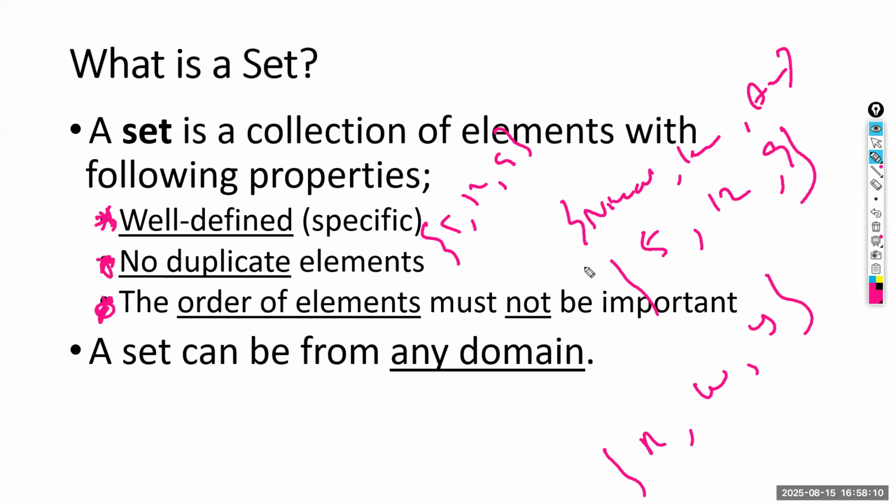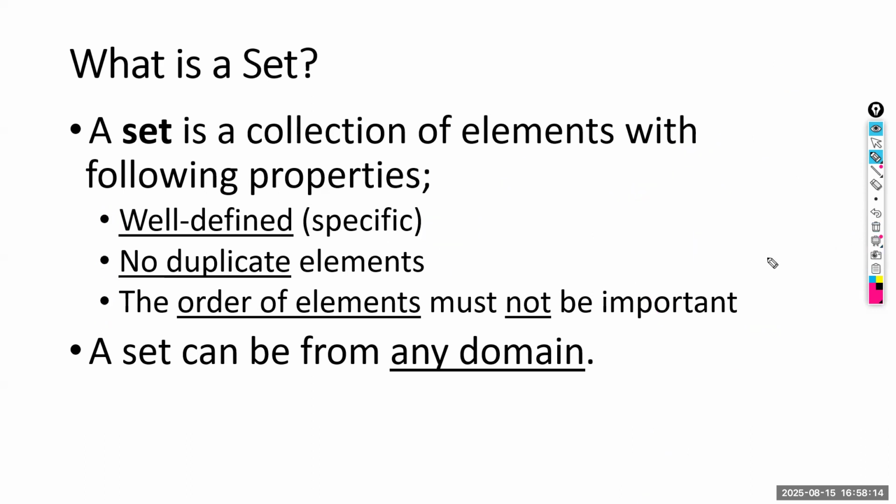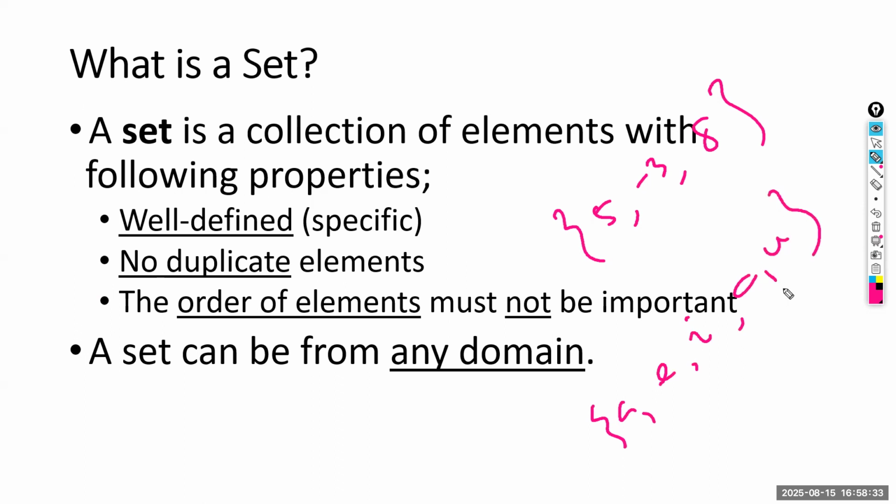What are those properties? It must be well defined. You must be able to explain very precisely what it is. Maybe you will not be able to explain what this is. Even I don't know what this is, I just randomly gave some numbers. But if I say A, E, I, O, U, that is a set. That is well defined. Why? These are the vowels in English.